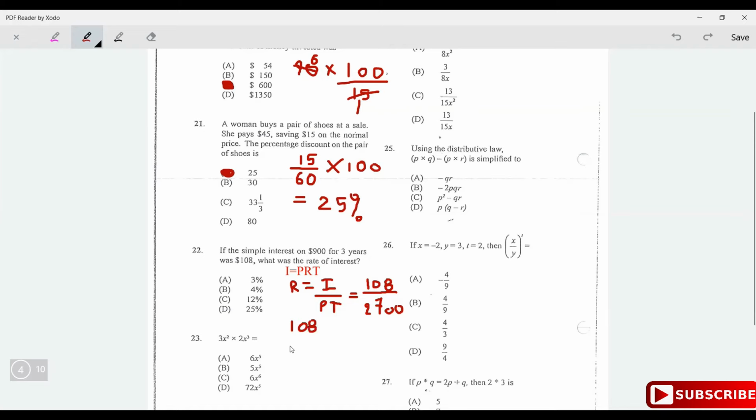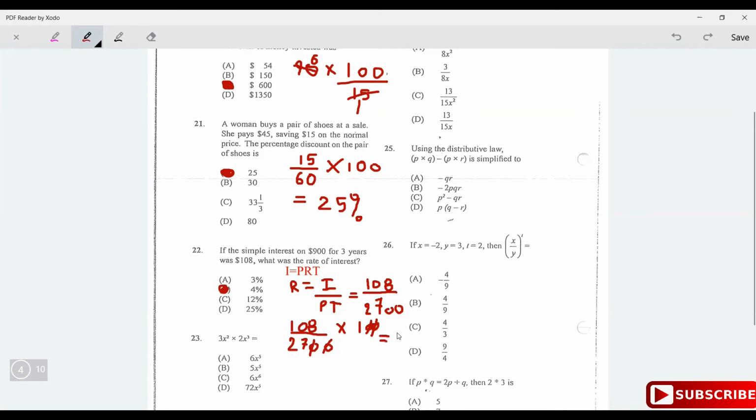So 108 over 2,700, always multiply it by 100 to get the rate as a percentage. The 0s cancel, and 108 over 27 is 4%.